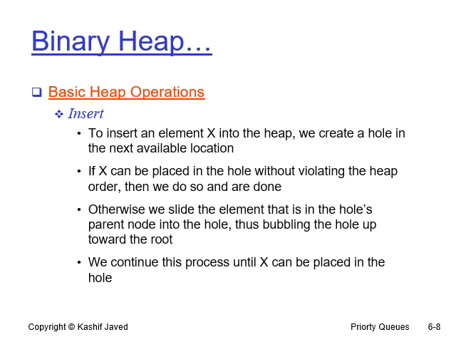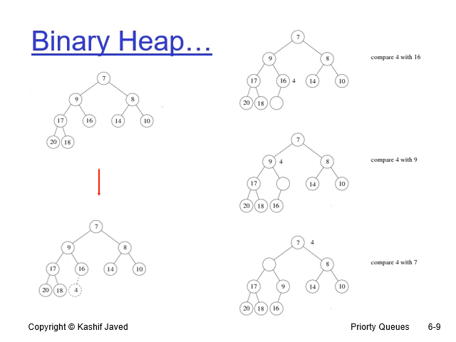If there is no violation of the heap order property, then we have successfully inserted X. Otherwise, we need to bring the parent node of this hole into the hole, right? And thus bubble the hole up towards the root. And this process will continue until we have found the correct location of X.